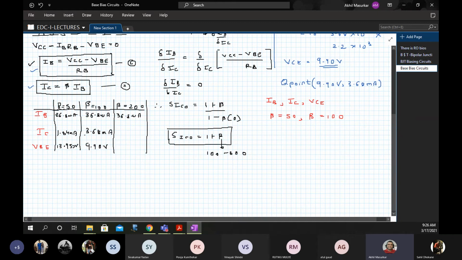So you can see there is a large variation in current. If beta changes, the current becomes half.